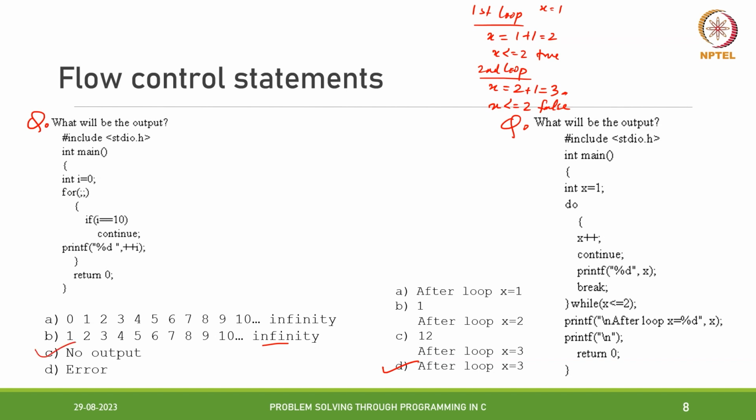But if I write printf %d \n plus plus I, so instead of the space that I'm giving, if I give \n, in this case the output will be 1 2 3 all the way till 10, and then there will be no output but the code will be running. In the space case, there will be no output.